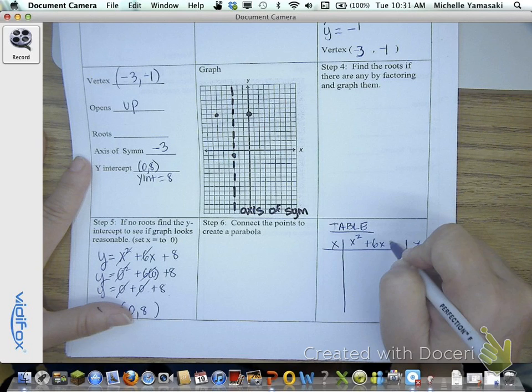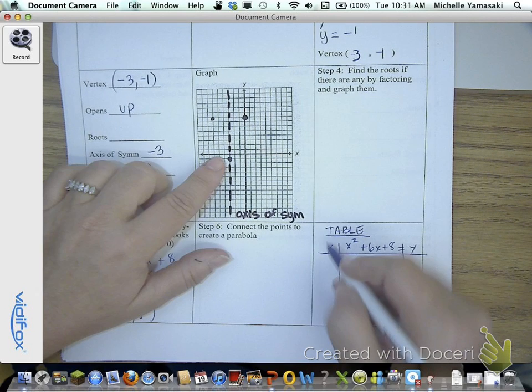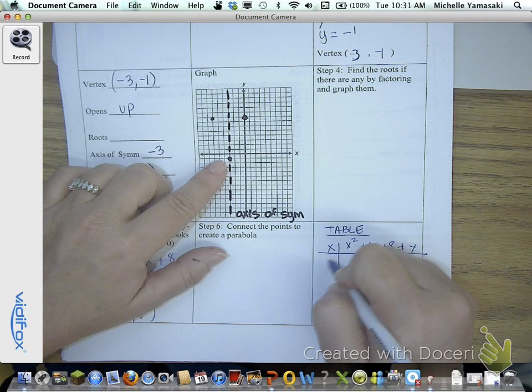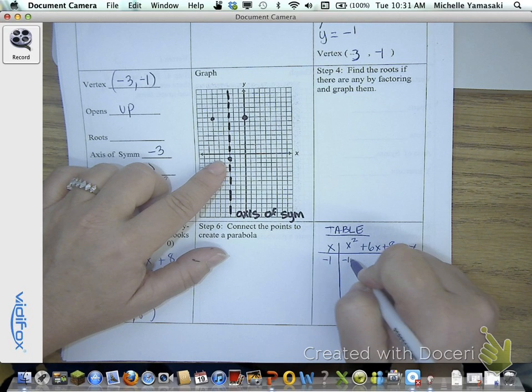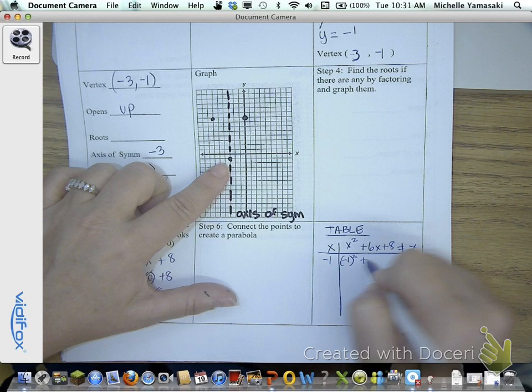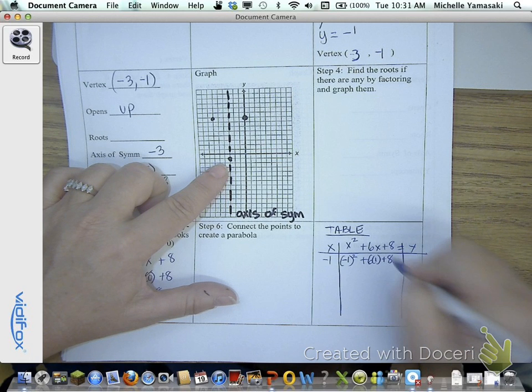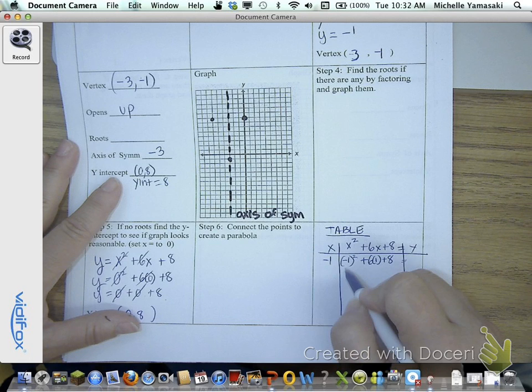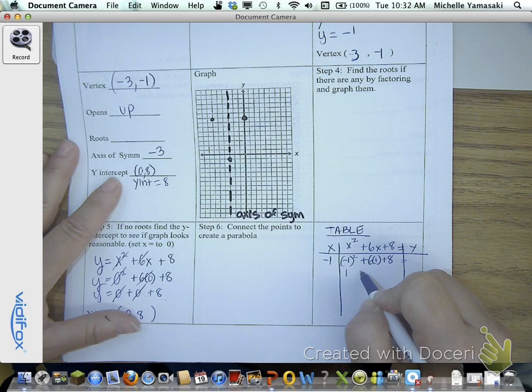So I'm going to pick a number when x is negative 1. So negative 1 squared plus 6 times negative 1 plus 8 should equal my y. So I have 1 plus negative 6 plus 8. So I have 9 minus 6 is 3.